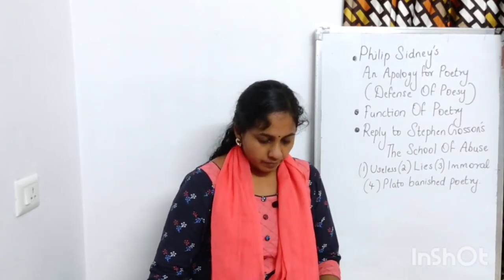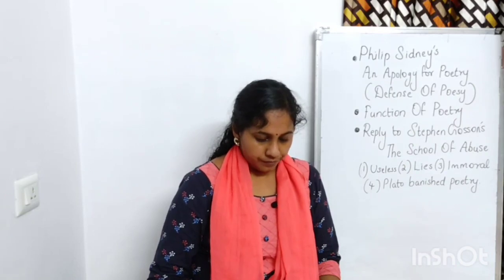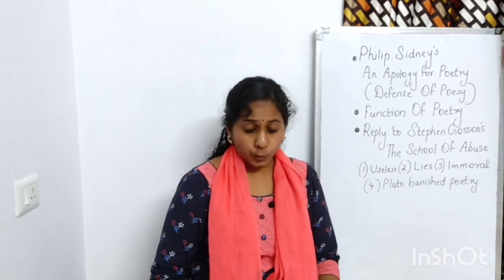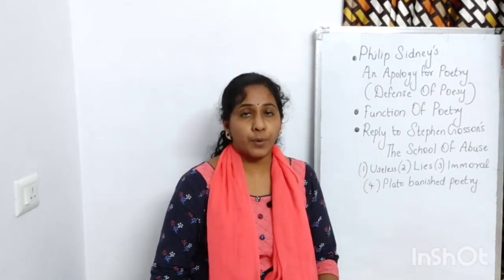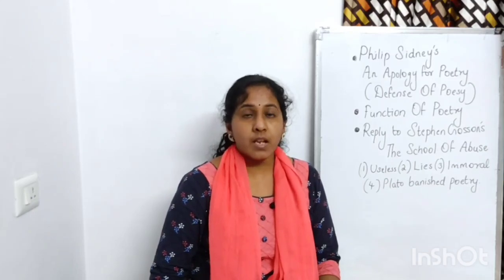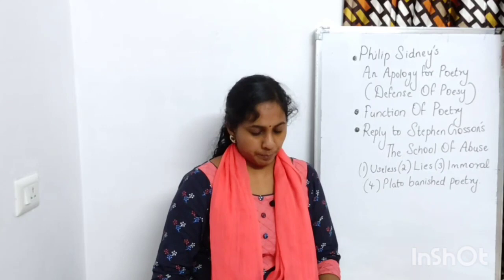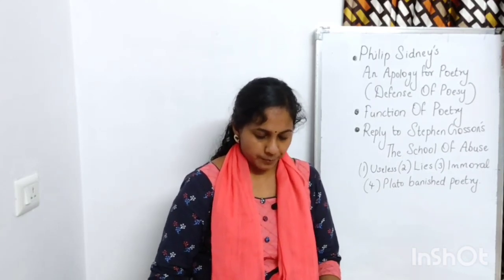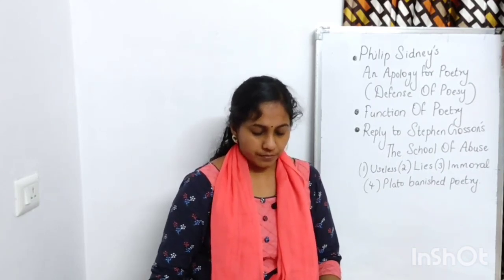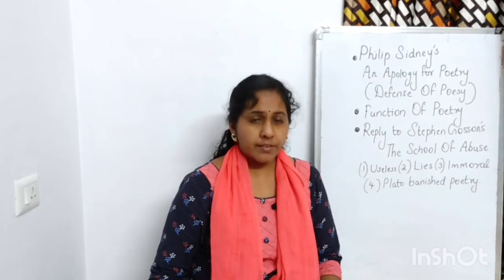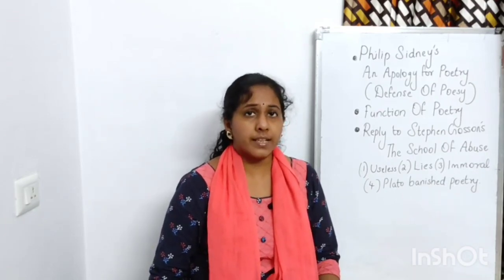And The School of Abuse was a ruthless attack on poetry. Through The School of Abuse, Stephen Gosson attacked poetry. A ruthless, cruel, pitiless attack on poetry. So in this work, Stephen Gosson has leveled many charges against poetry.